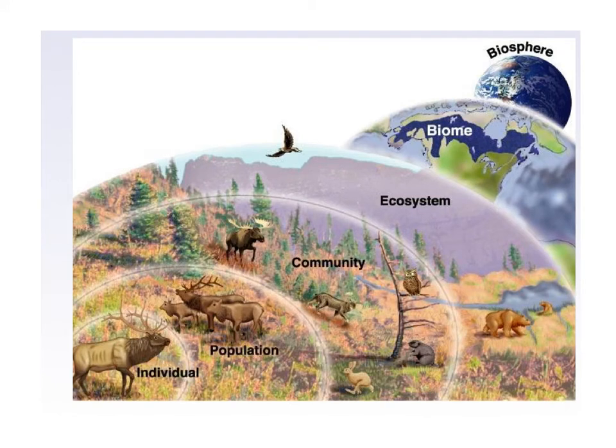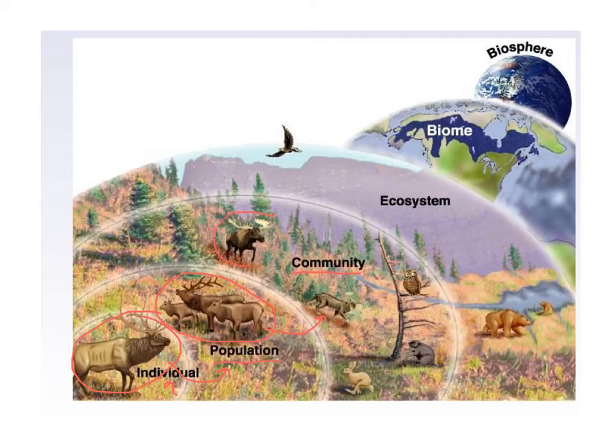And now here's a little picture that kind of shows you what we just went over. All right, so the smallest little level is one individual organism. So you have the elk right here, one elk. A population would be all of the elk, just the elk, living in an area. Now when we go up a step higher, to a community, it's not just all the elk.